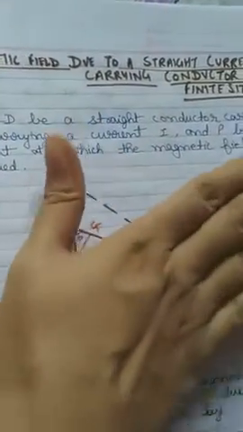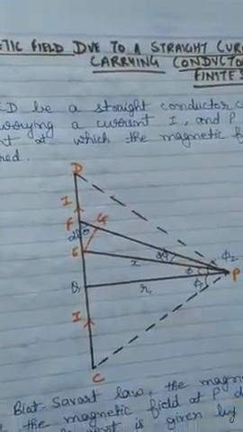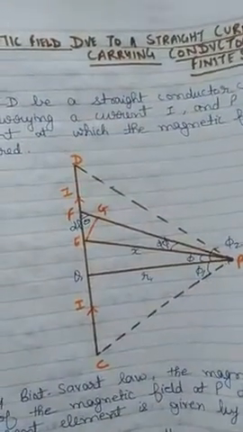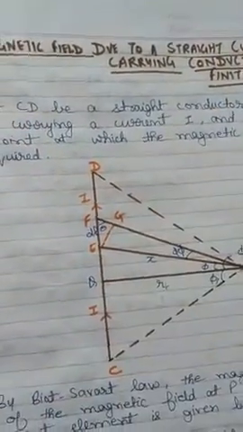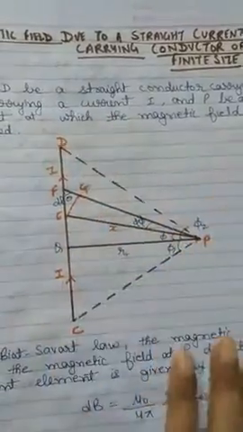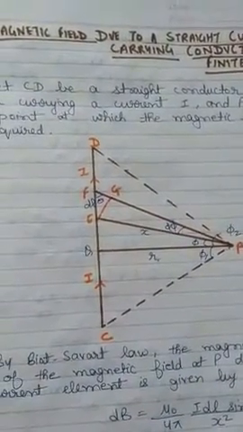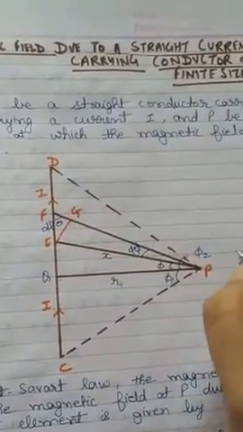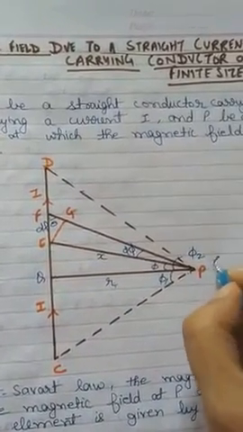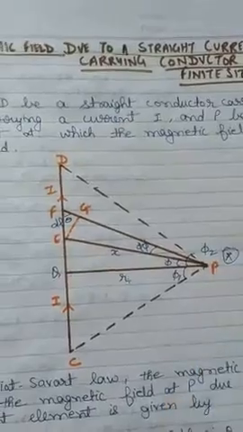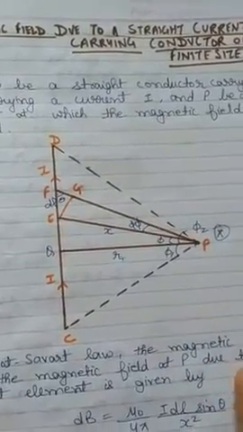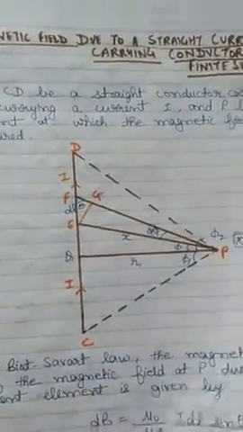So in that case the direction will be inward. That means perpendicular to the plane of paper. If this is the plane of paper, in this case perpendicular to the plane of paper and in downward direction. So here you can represent it by making a cross. So this will represent the direction of the magnetic field is perpendicular and it is downward.